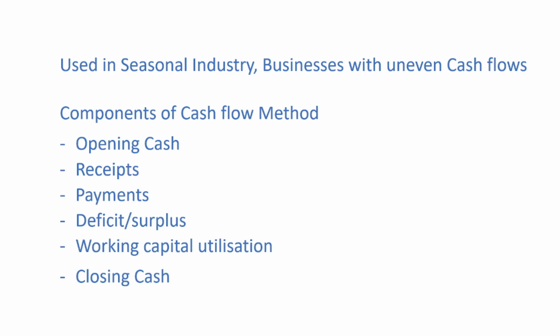First of all, we see in which industry or in which cases we will apply the cash flow method. This cash flow method is used in seasonal industries. Seasonal industries are those in which cash flows are not even throughout the year, like garment industries. Suppose a manufacturer is manufacturing summer garments, so his sale will be more in summer and before the summer.